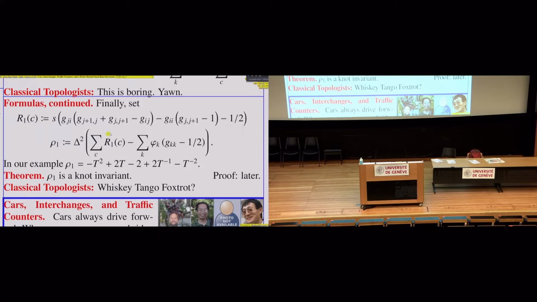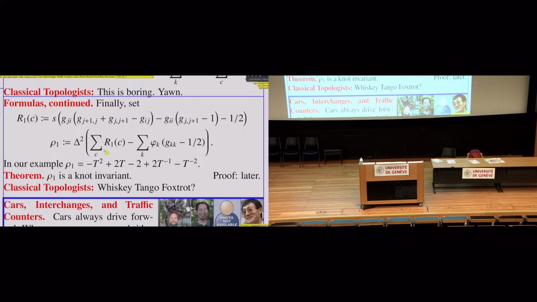And then define rho 1 to be the sum of all of the R1s over all the crossings, and then subtract the correction term, which is a sum over all the edges of the rotation number of the edge times the diagonal entry of the green function minus a half.